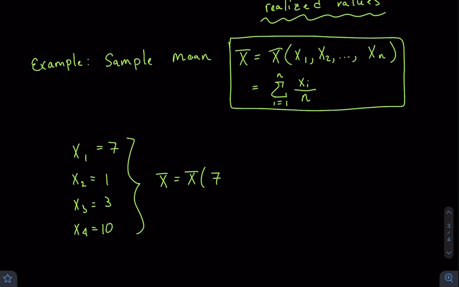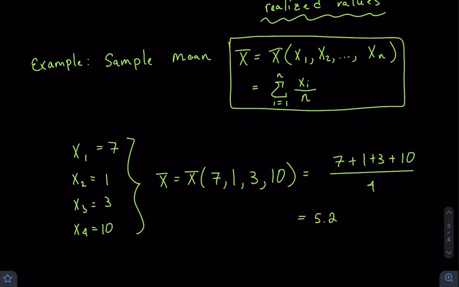So x1 is 7, x2 is 1, then 3, and then 10. And putting these inputs in the sum means we're doing 7 plus 1 plus 3 plus 10 divided by 4. And this equals 5.25. So the sample mean, or the sample average of this specific collection of realized values is going to be 5.25. But in general, the sample mean will just be this.